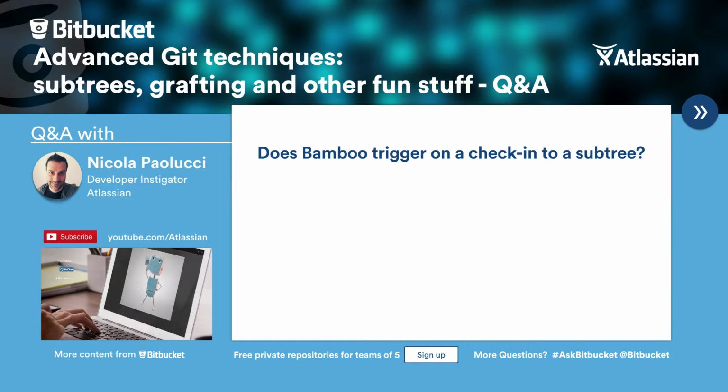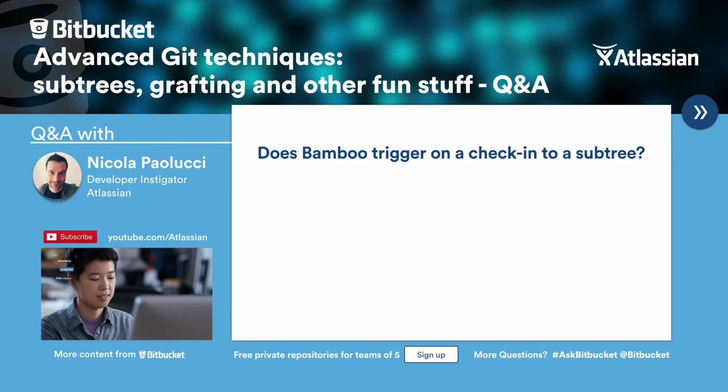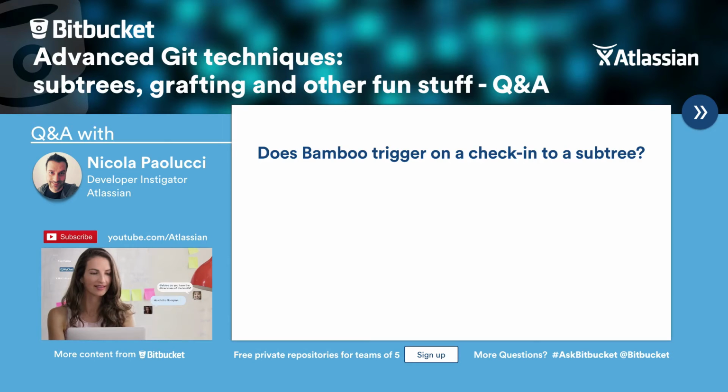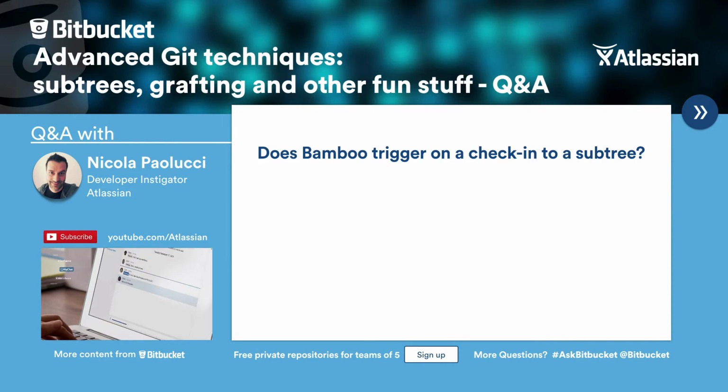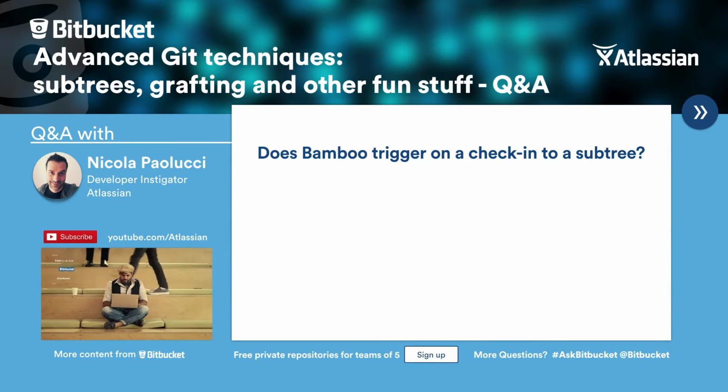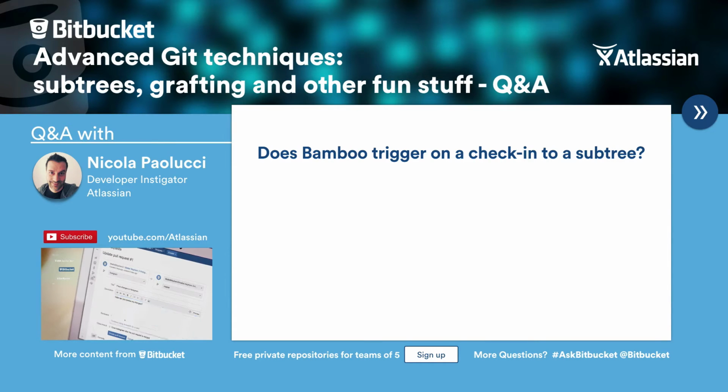If your question was, can I kick off a build for a child project? Well, the child project's repository is living in its own repo, and that repo can also be set up with Bamboo. So in both cases, the answer is yes.